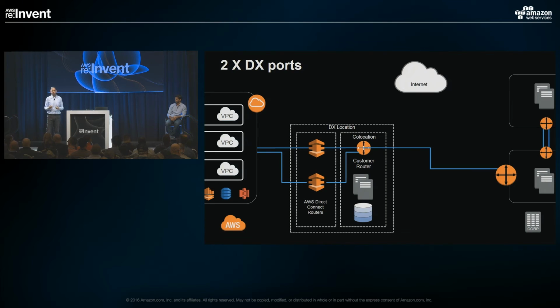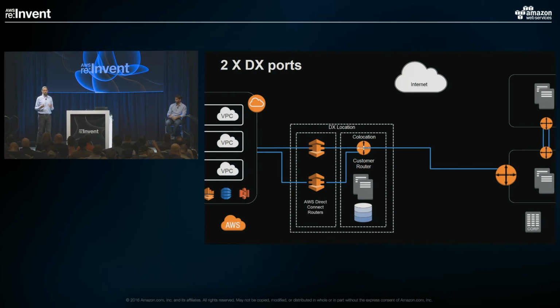One notch up in terms of resiliency is to add a second Direct Connect link. And when you order a second port to the same co-location through the same AWS account, we will automatically place you on two different pieces of hardware, and that will provide much-needed device redundancy.